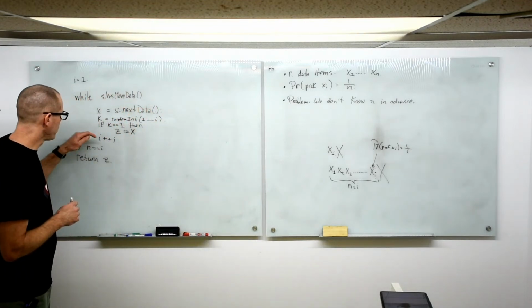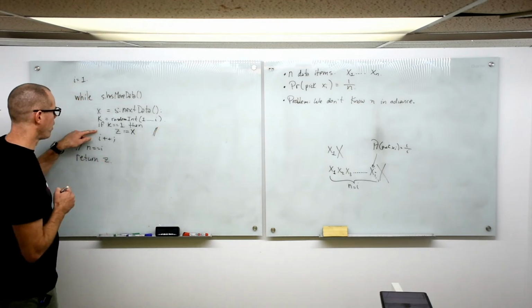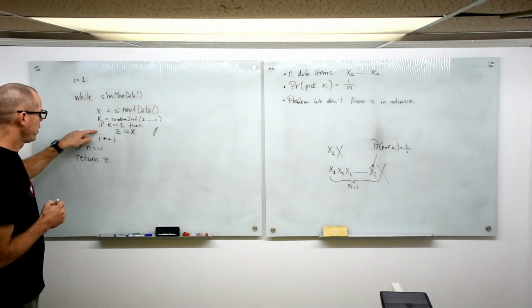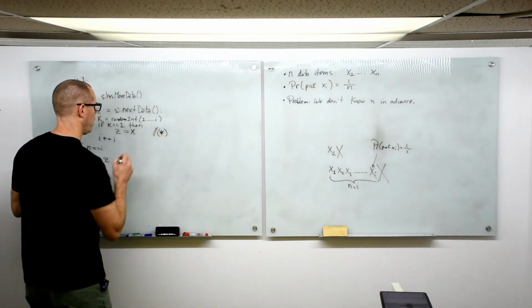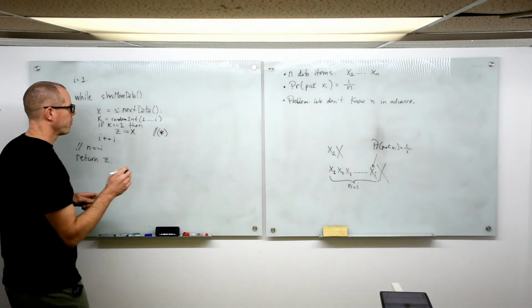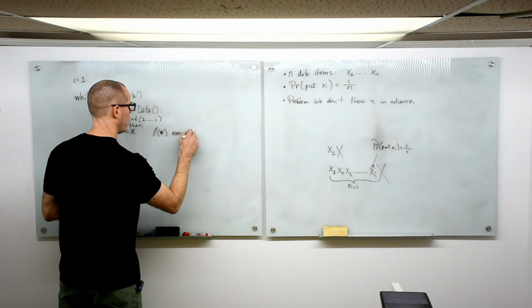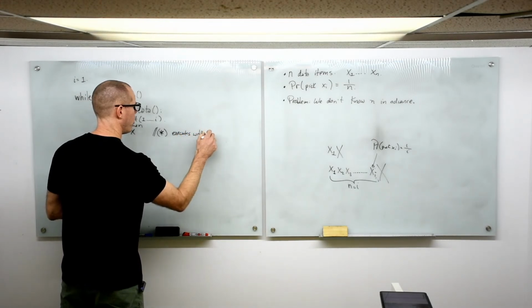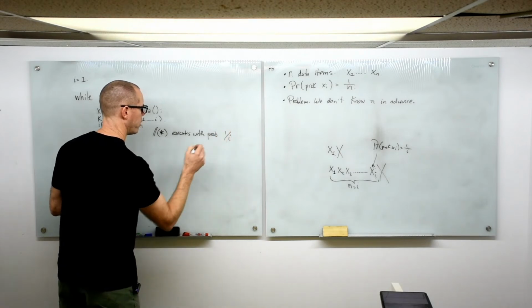So just to highlight, we'll call this thing star, and we say that this executes with probability 1 over i.